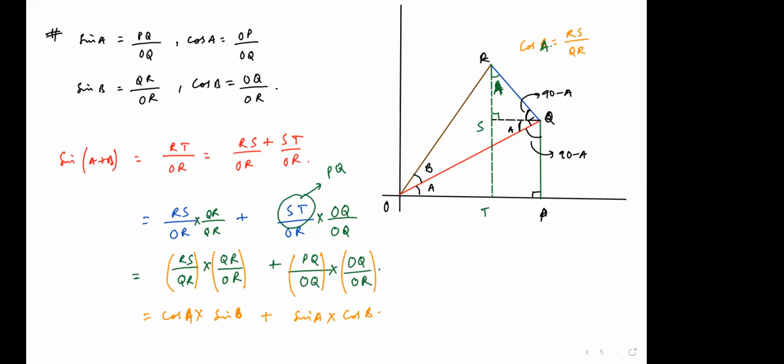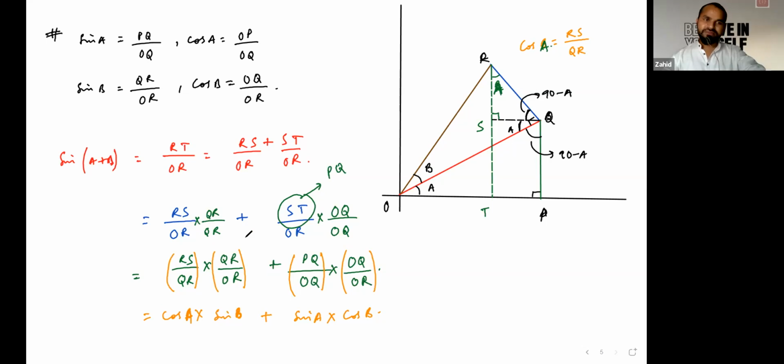No, sir. Similarly, you can find cos of A plus B, sine of A plus B, cos of A minus B, sine of A minus B by relating this particular triangle.